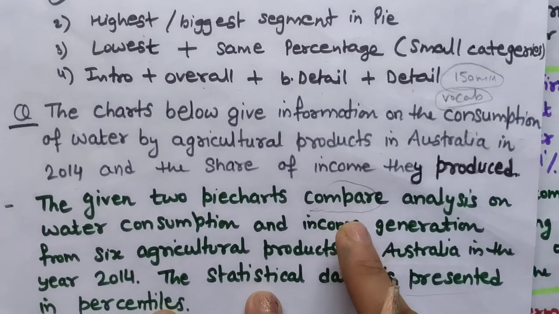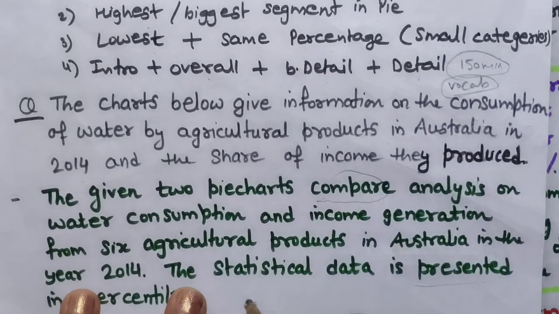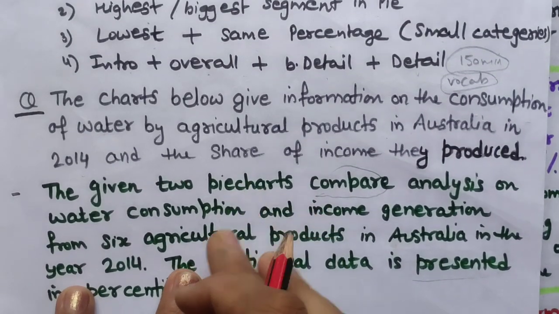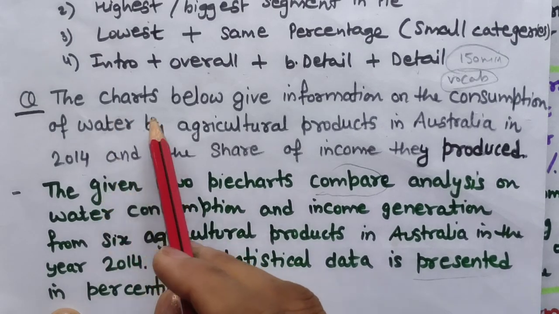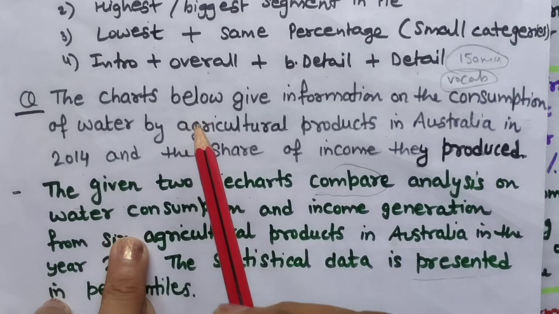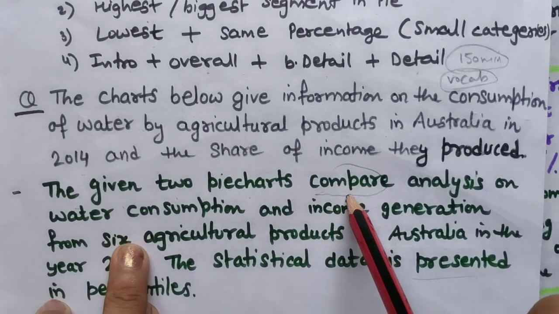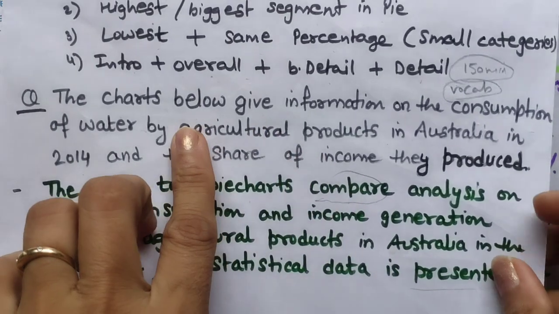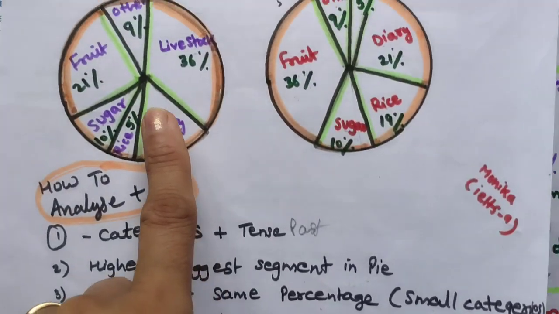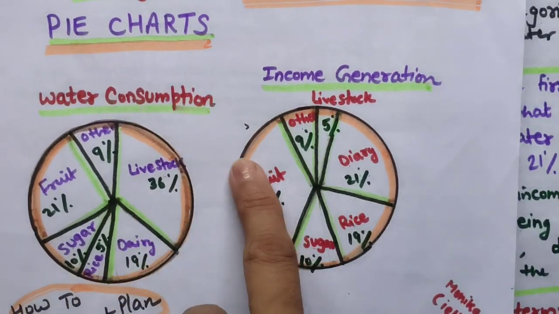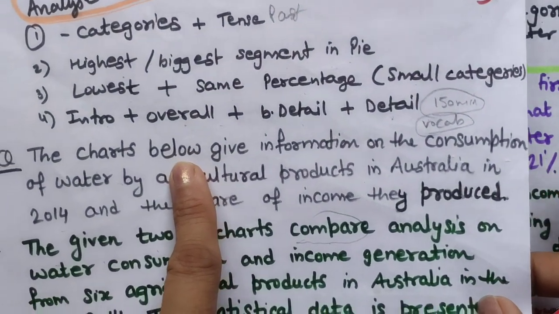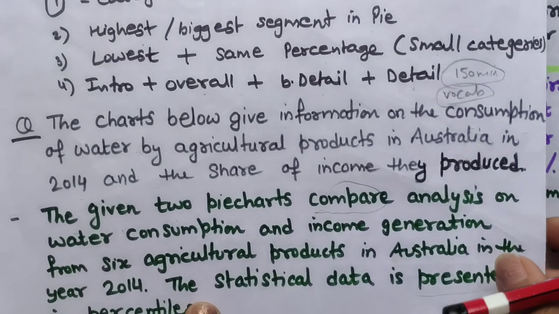Let's find out how to write the introduction. As I told you, we need to paraphrase the question statement. Instead of charts, we know there are two pie charts, so we write the given two pie charts. Instead of below, which they use in writing task 1 because they first write the question statement and then show you the diagrams, we will not use the word below in the introduction.